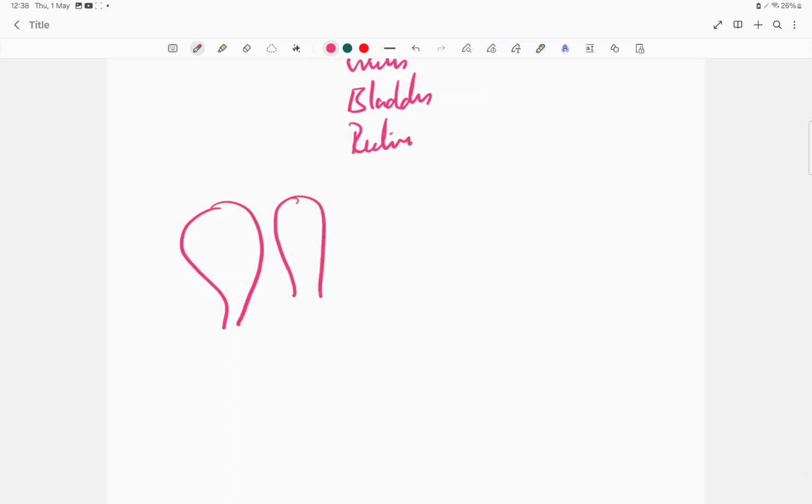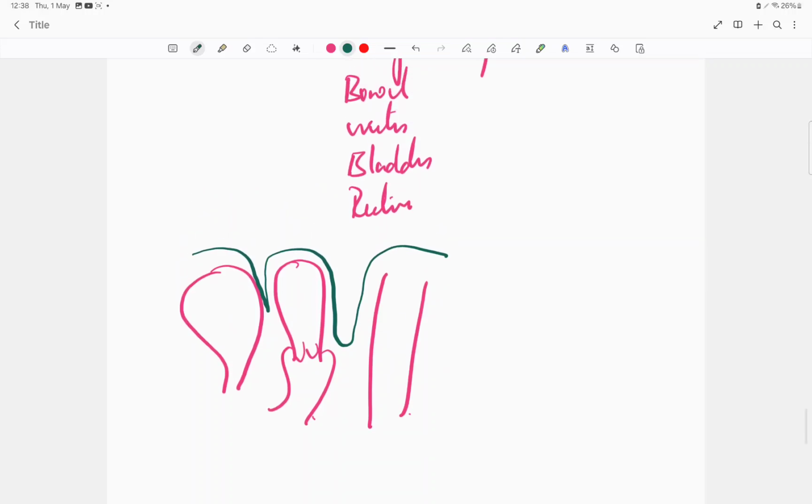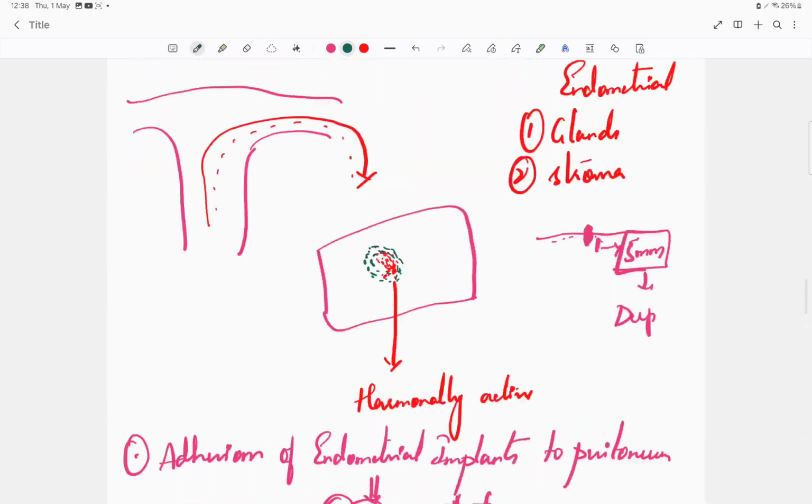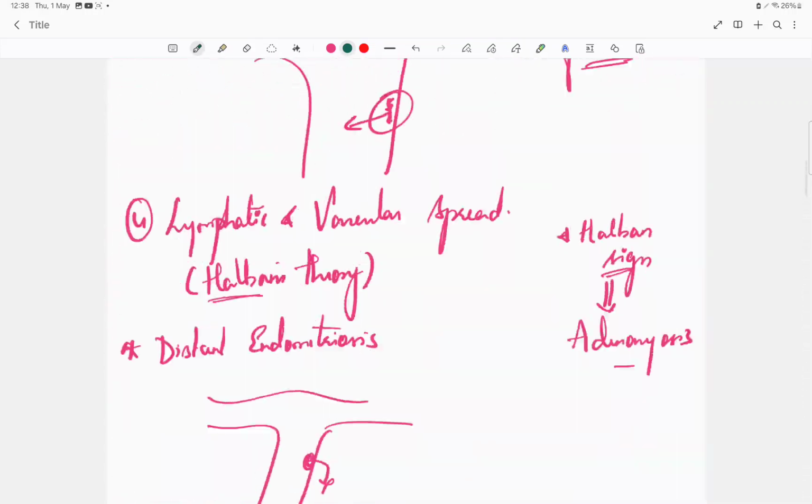Think of this as the bladder, this is the uterus, and this is the rectum. This is the peritoneum which is present like this, the structure I showed you before in anatomy.